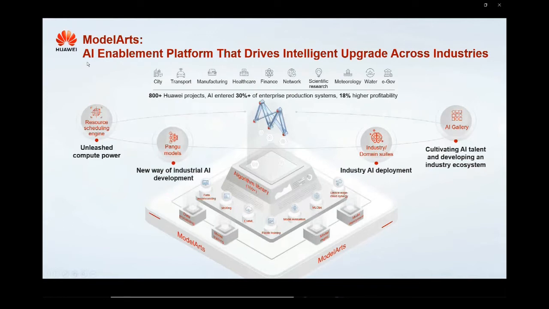So for Model S, we have so many ongoing functions. For example, we make computer power, we unleash the computer power scarcity, and we have one large model named Pangu.